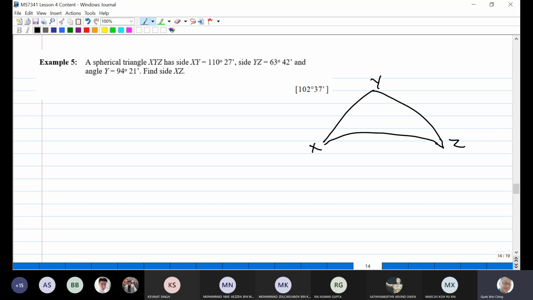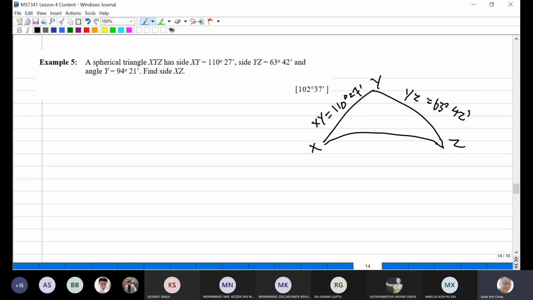Okay. XY is one side, XY is 110 degrees 27 minutes. YZ, this YZ here now, is 63 degrees 42 minutes.